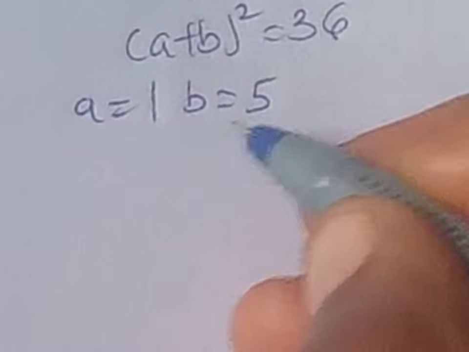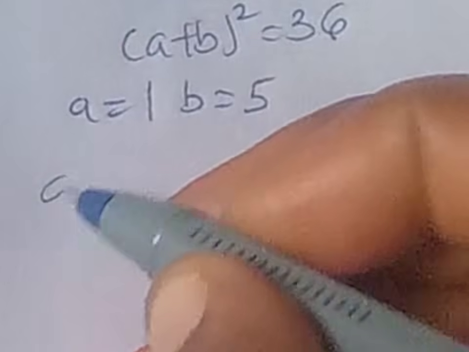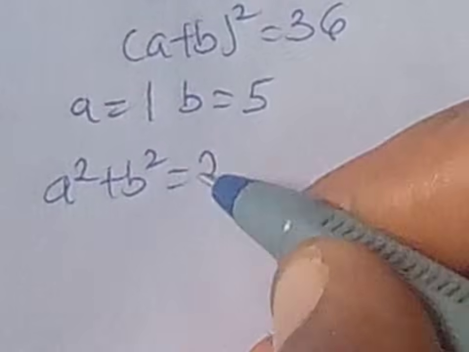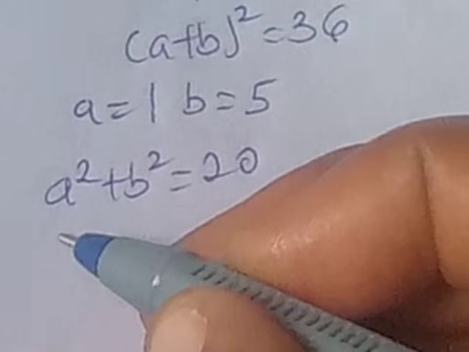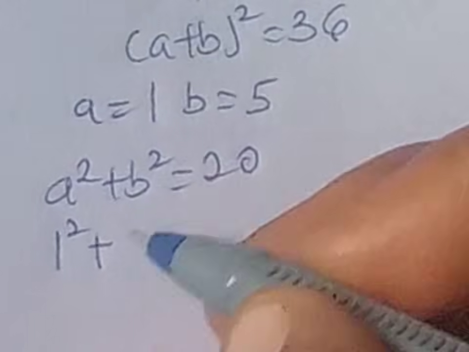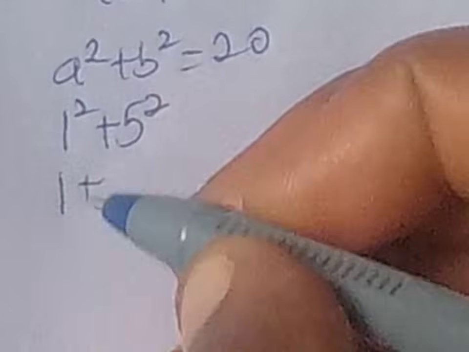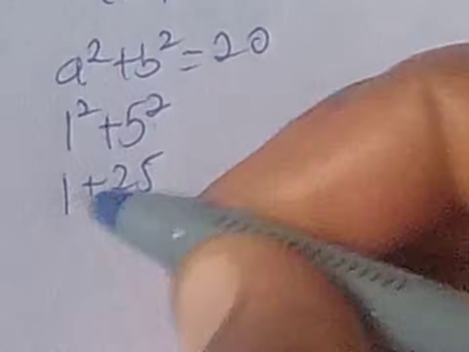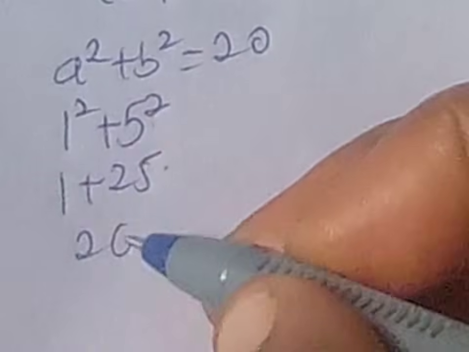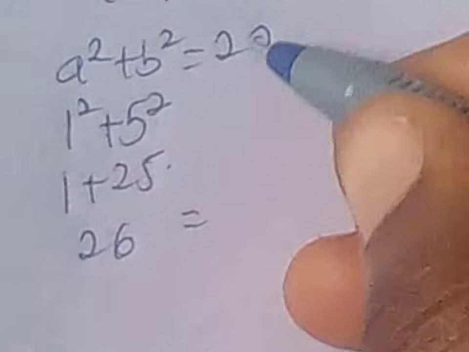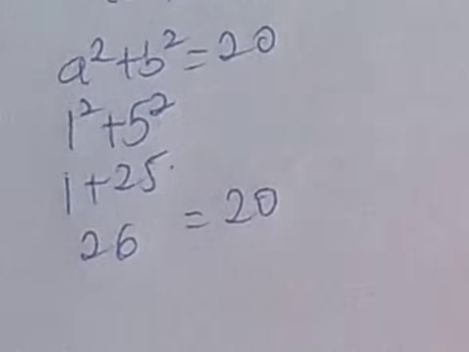Let's check it using our first equation, which says a square plus b square equals 20. So we have 1 square plus 5 square. 1 square is 1, plus 5 square is 25. 1 plus 25 will give us 26. Can you see that the result on the left side does not match the result on the right side?